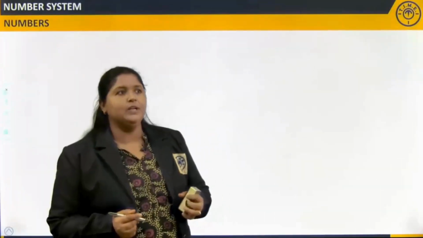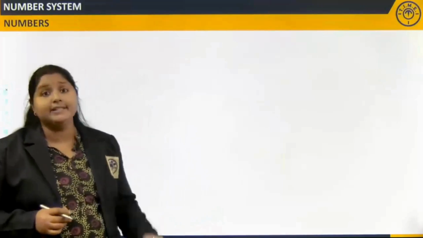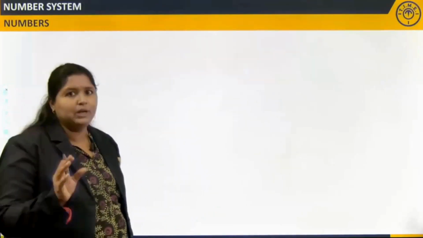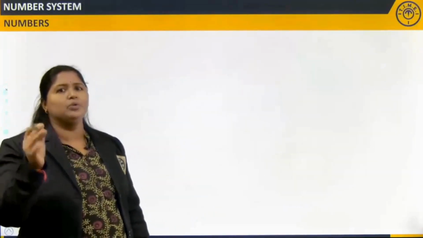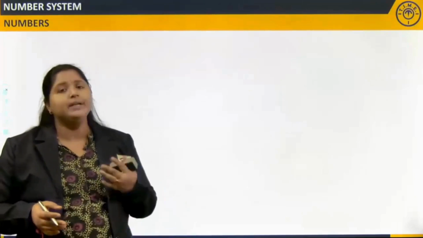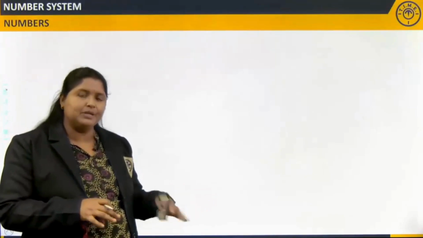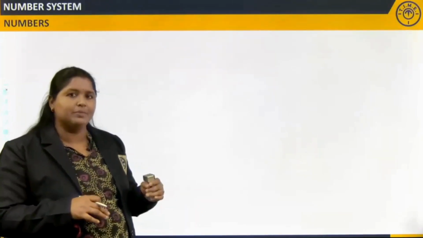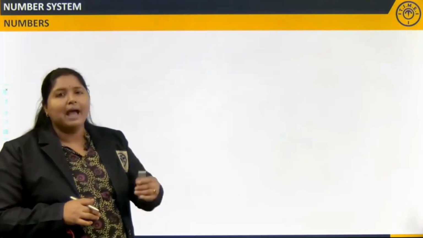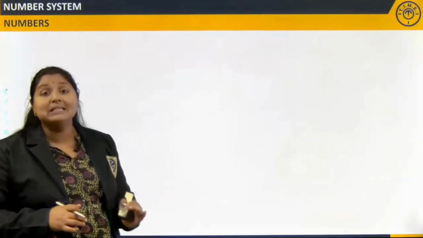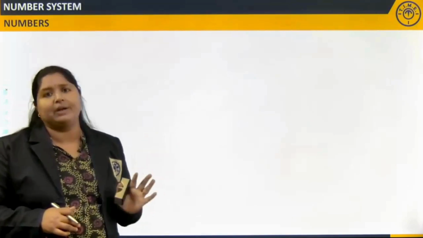Before we look at some examples on finding HCF of the given numbers, I would like to give you some important notes. You may be already aware of it, but I am just saying. All natural numbers greater than 1 have at least 2 factors. At least 2 factors means what? Minimum 2 factors.